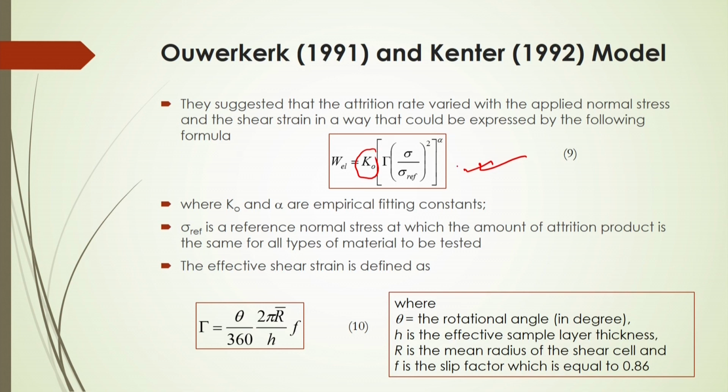Here gamma is a factor that is called shear strain.